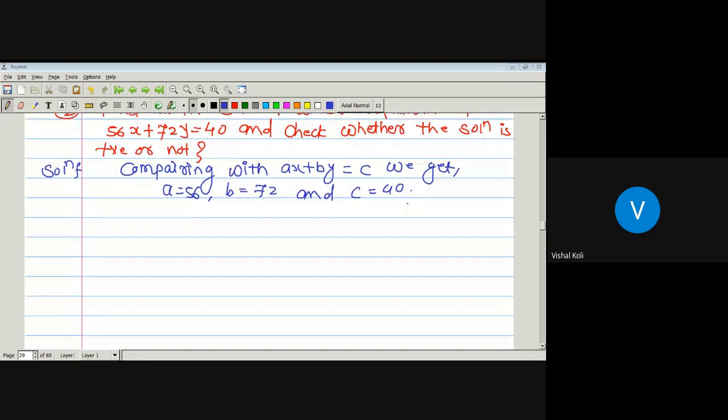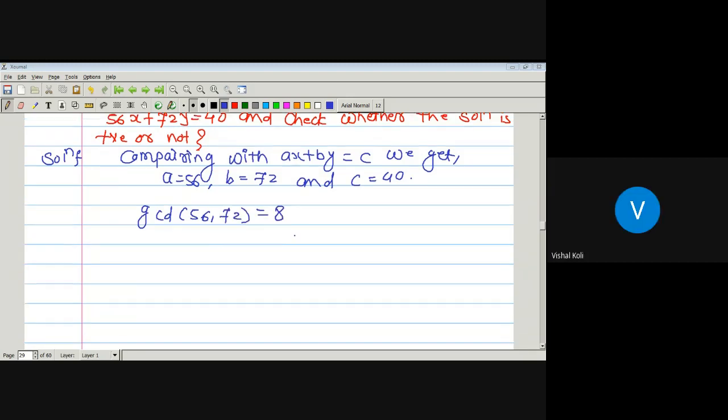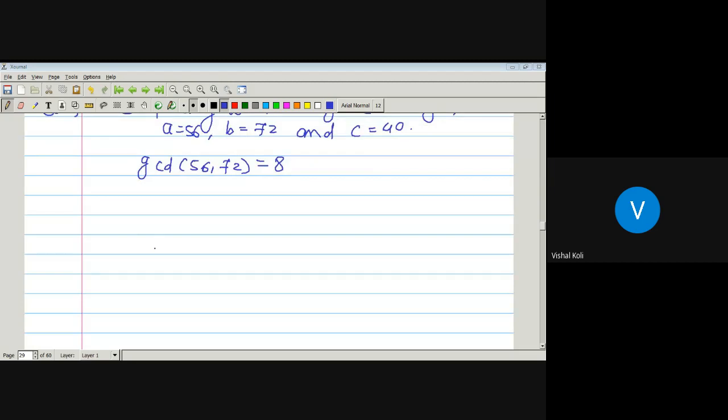Now, what is the GCD of 56 and 72? 8. But actually we have to find the values of x0, y0, so we will go through Euclid's algorithm. That is, 72 can be written as 56 into 1 plus remainder 16.